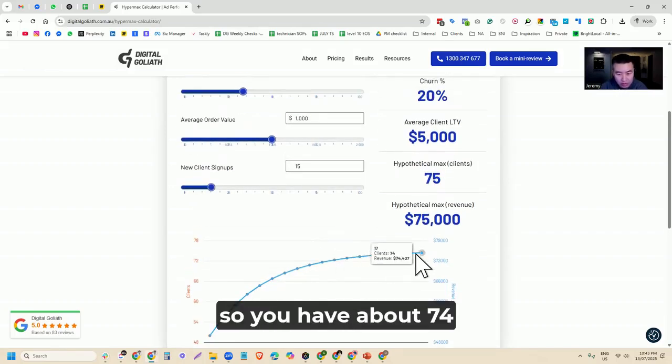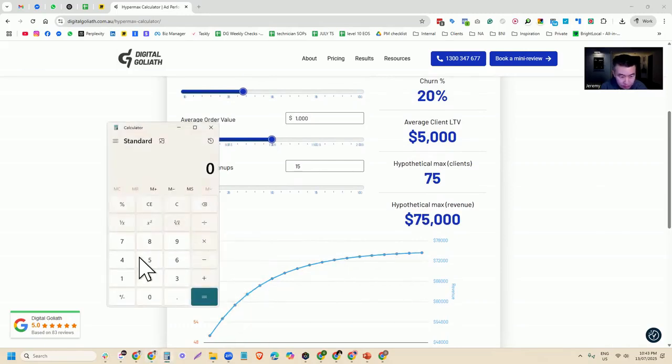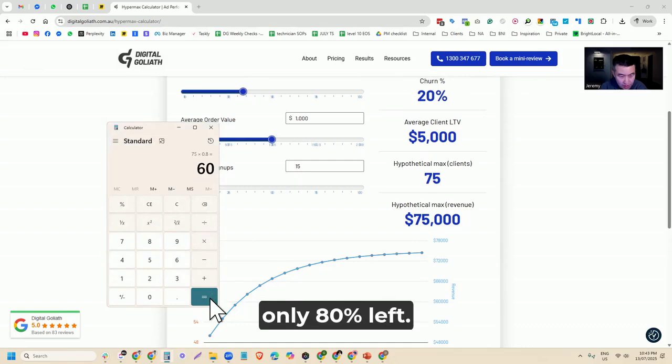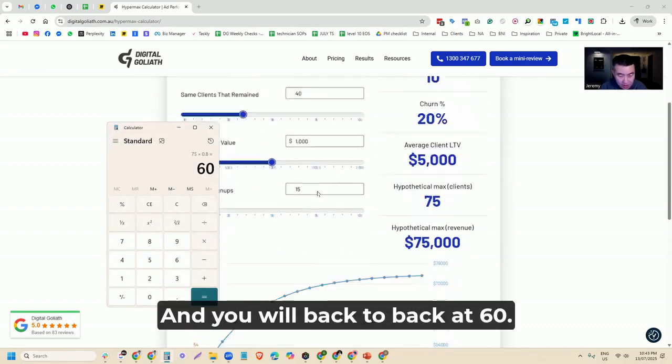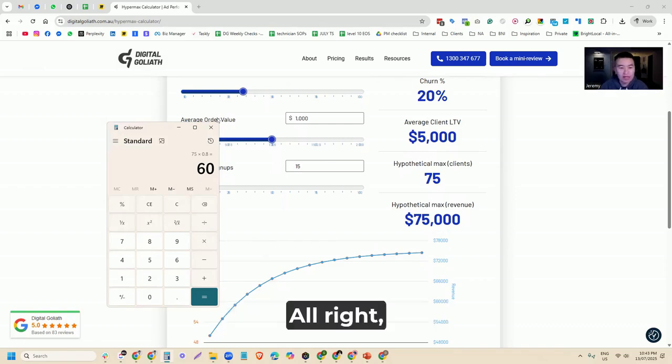So you have about 74 clients, and then 75 clients, and you will lose about 20%, which means there's only 80% left, and you're back at 60. You get another 15 in, another 15 leaves, right? I think you get the point.